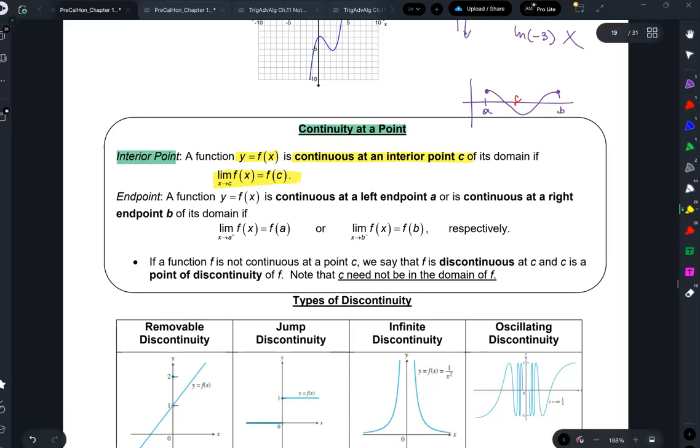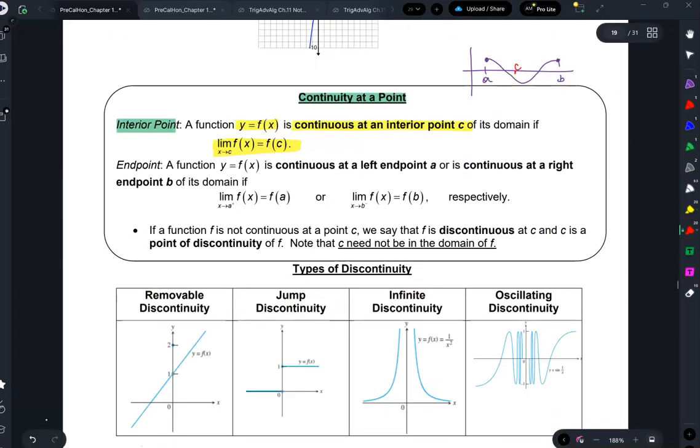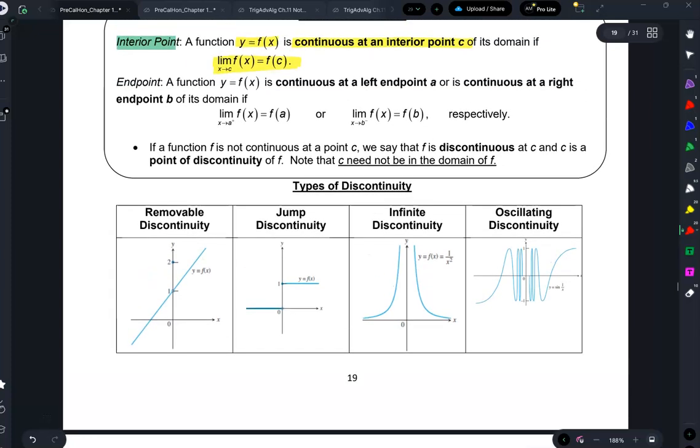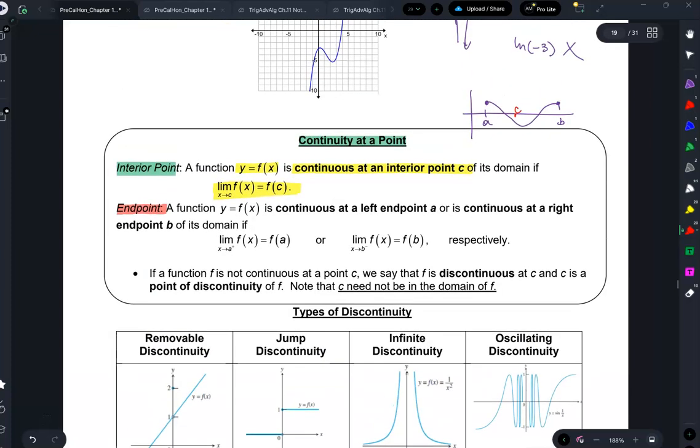Now, how about at an endpoint? Suppose you want to know if this function is continuous at this endpoint. In that case, you still have to do the three things. Does f of a exist? Does the limit exist? But to find the limit at a, can we look at it from the left and the right?